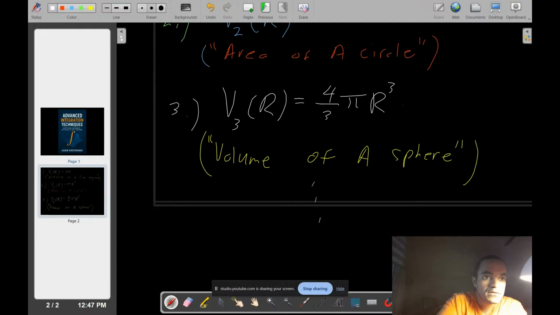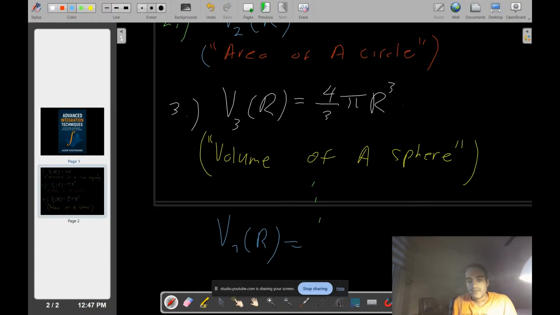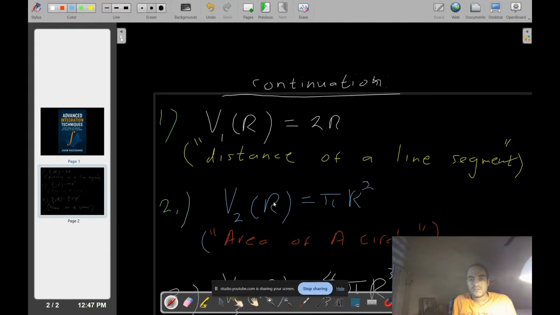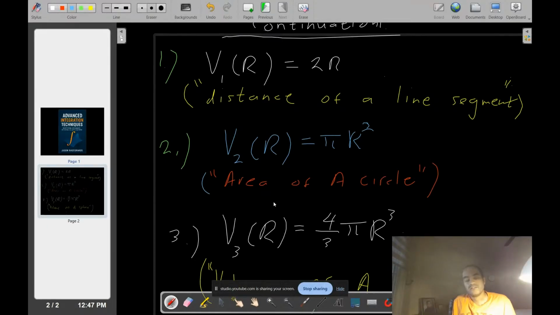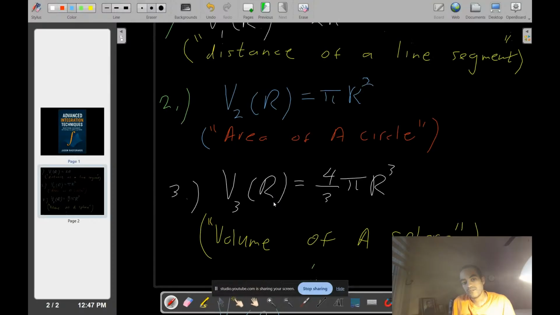we should get V sub n of R. Actually, I'm going to ask you guys, I'm not doing the heavy lifting all the time. Based on the pattern for a sphere of n dimensions, what would it be at V sub n?